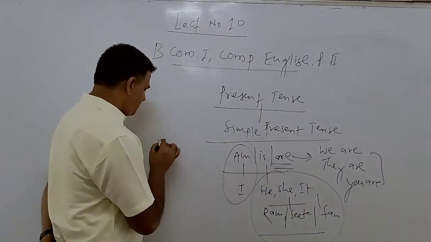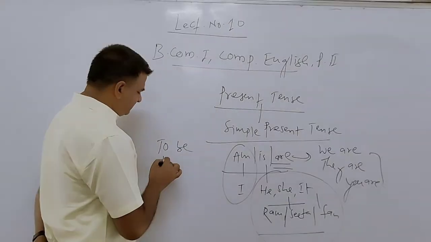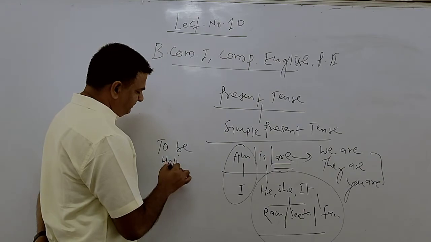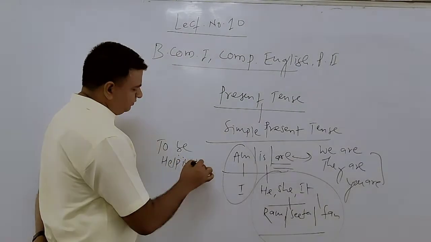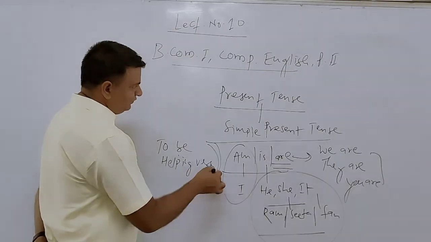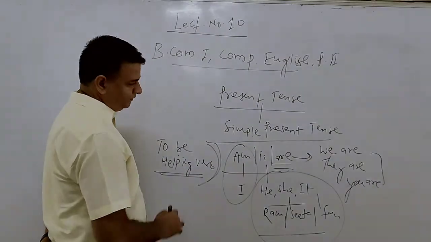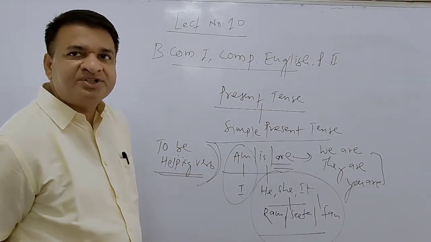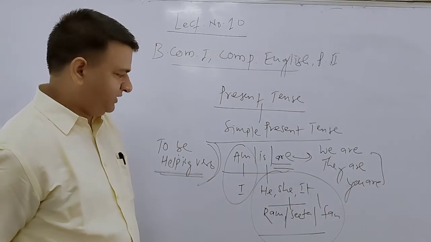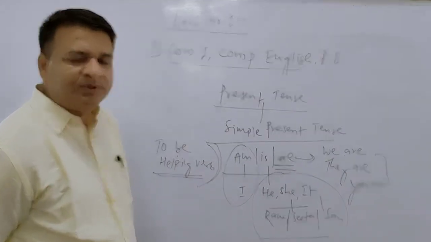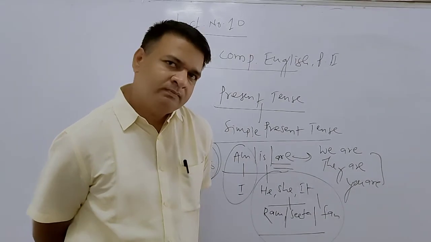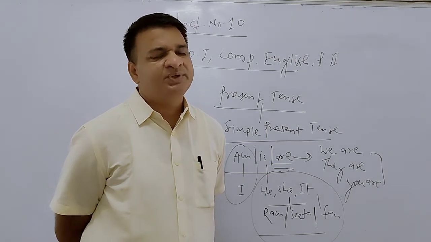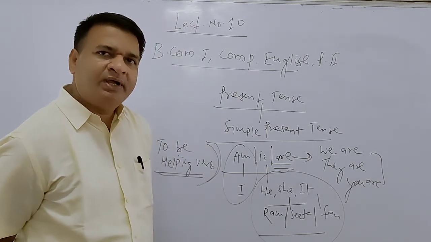What are these? The to be helping verb of the present time in the simple present, and the to be helping verb changes according to the time. In simple present we use am, is, are, and have.